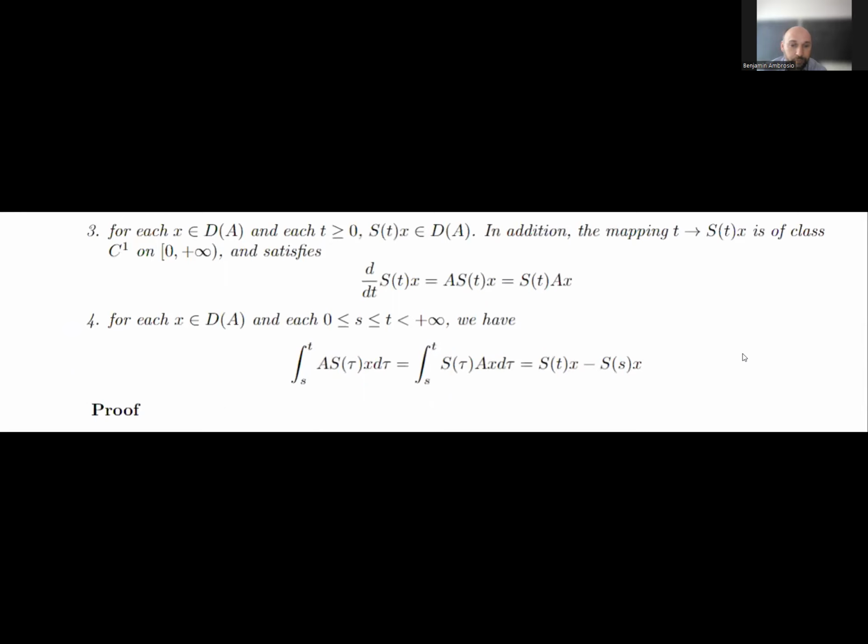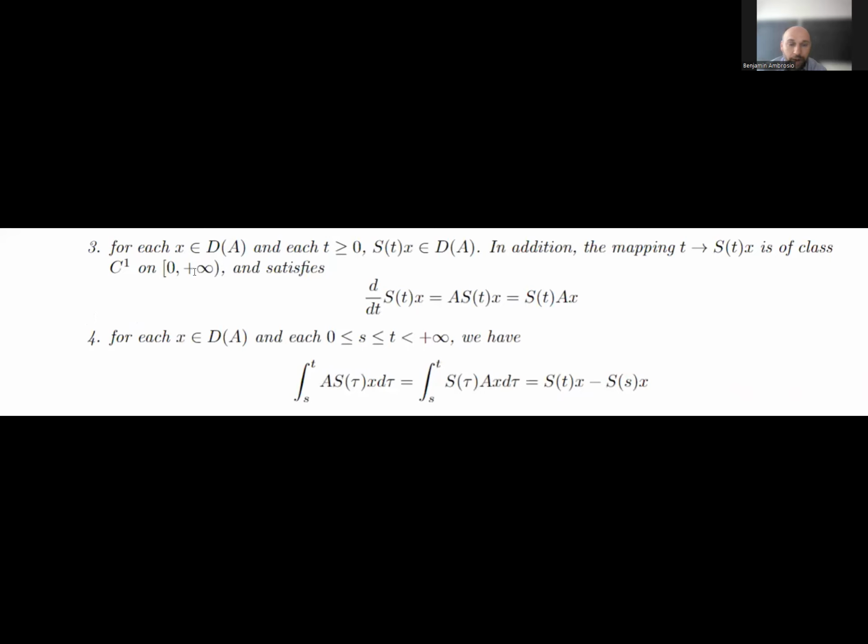So there are 4 items here. Item 3, so note the difference with point 2: here x is in D(A), not in X. And in this case, S(t)x is in D(A).